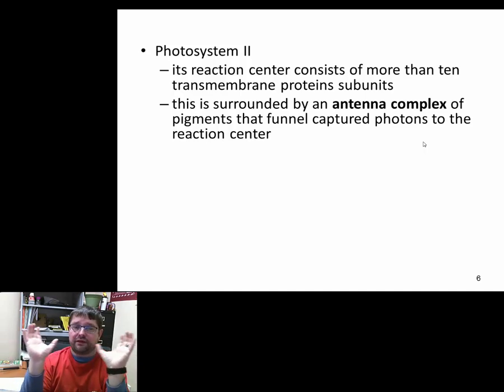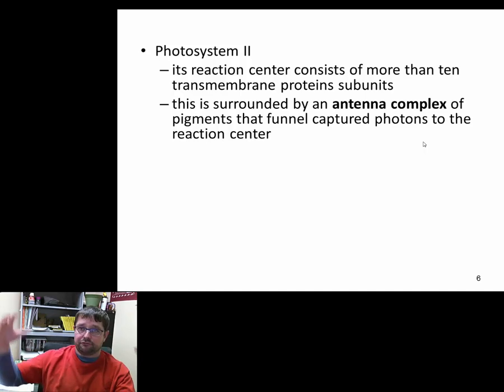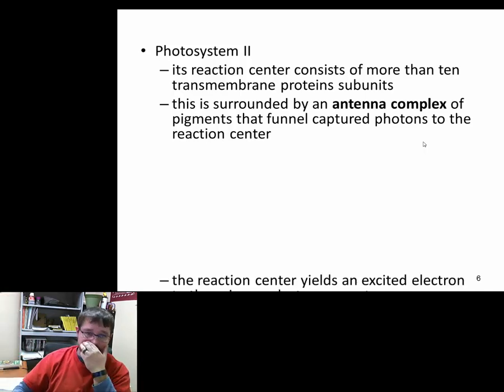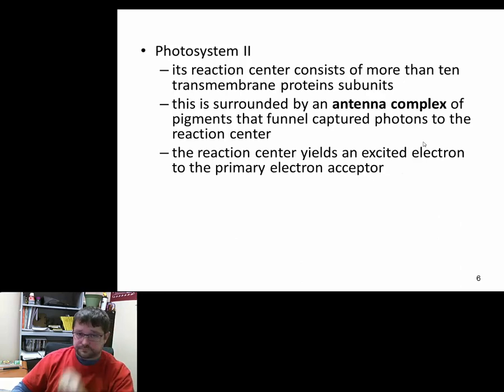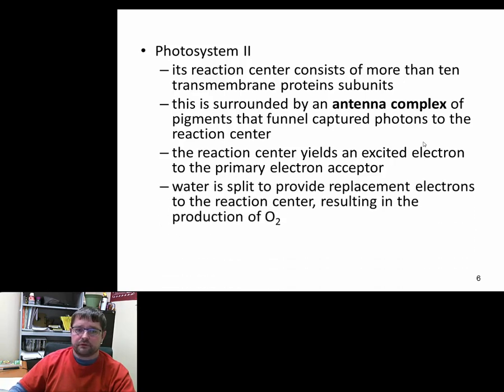These are all going to be sitting in this dish waiting to capture photons and then funnel that energy to the reaction center. That reaction center houses and holds an excited electron and will donate it to the electron acceptor. We'll talk about those electron acceptors in a little bit.